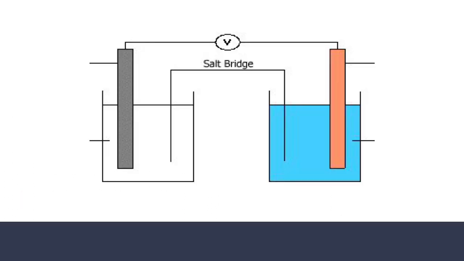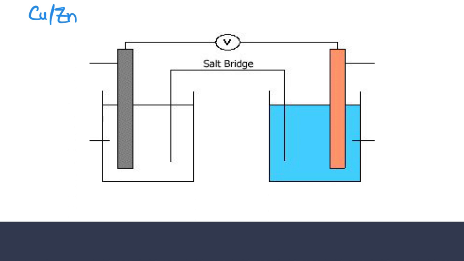Knowing that, we have to be able to construct diagrams for voltaic cells. If, for example, I asked you to construct a voltaic cell between copper and zinc, you would need to go through all of these steps to create the diagram. You would start out by drawing this sketch here. I'm obviously not going to draw it, or else this video would take forever.